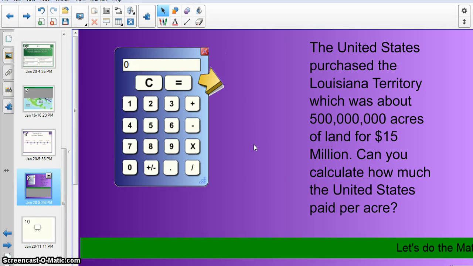The next slide is my cross-curricular slide, which is mathematics. I wanted students to do the math to calculate how much the United States paid per acre. So here I have my calculator, and I have this question. The United States purchased the Louisiana Territory, which was about 500 million acres of land, for $15 million. Can you calculate how much the United States paid per acre?